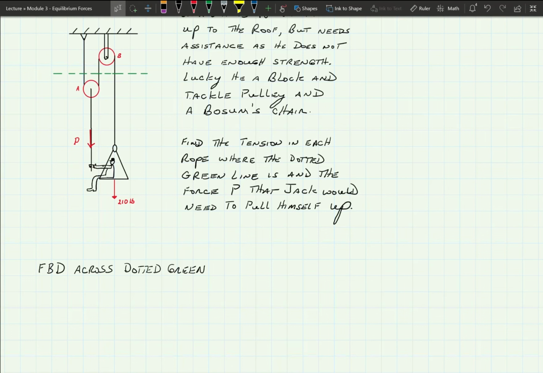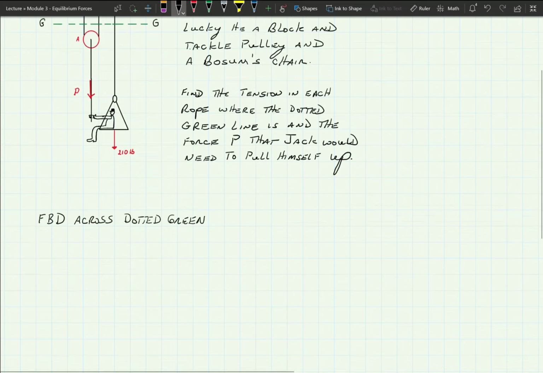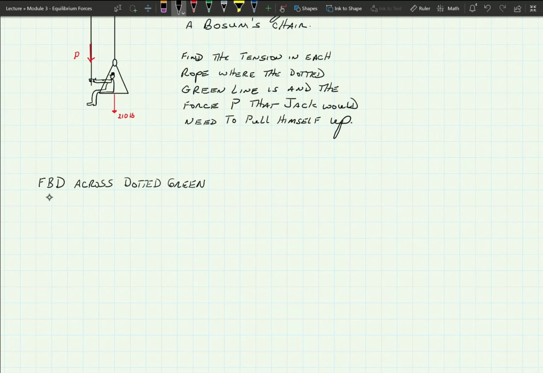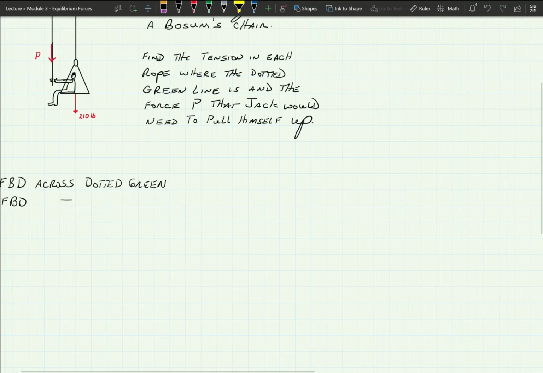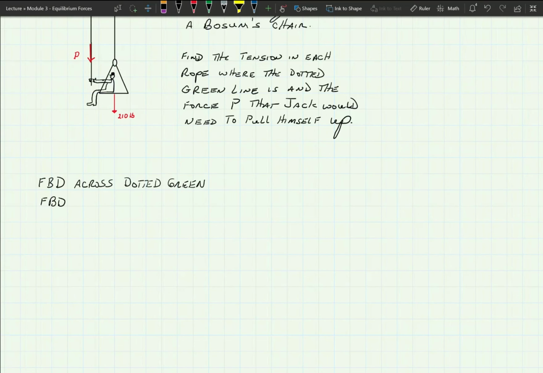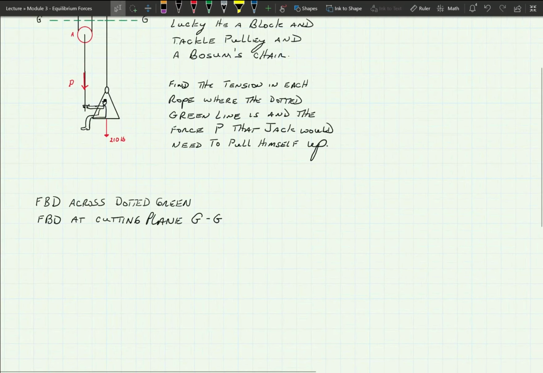So if we did this as a G and a G, then we could write this as the FBD at cutting plane G dash G. Okay, and that is probably the better way to do this.